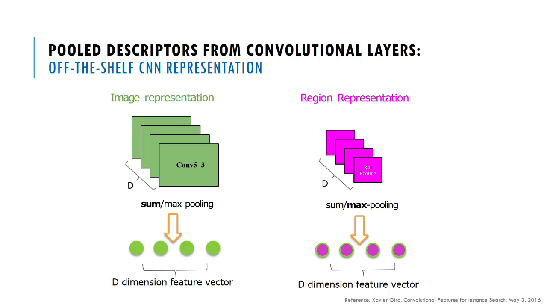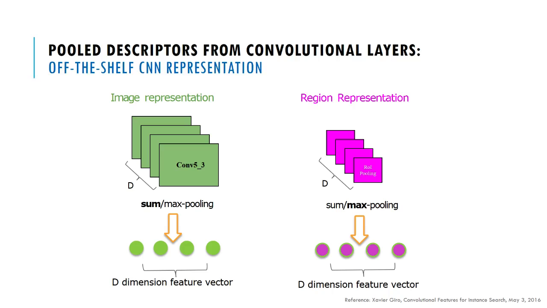For the image representation and the region representation, we found through experiments that there are better ways to represent them. You can use the same pooling method, but typically we found for image representation, summing up across the dimensions is better than max pooling.